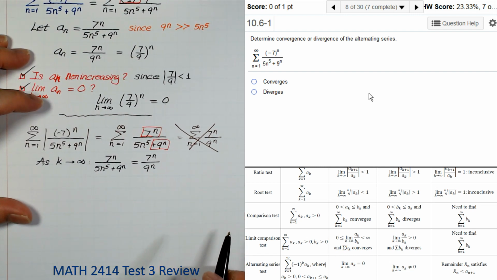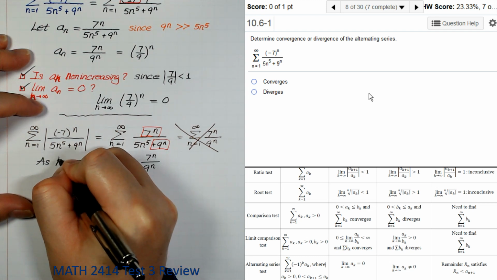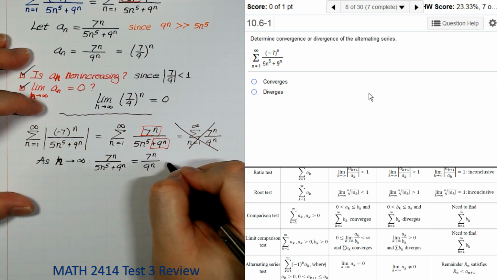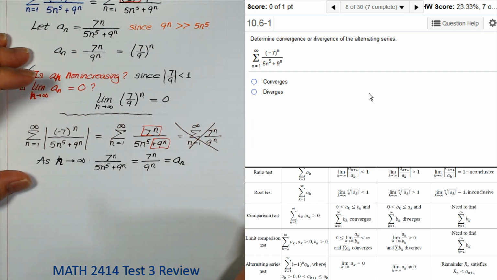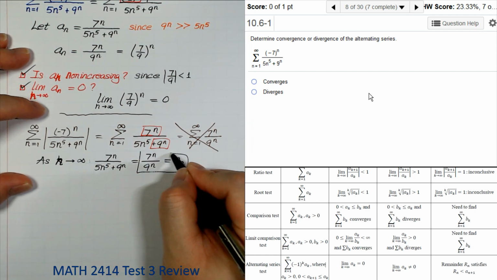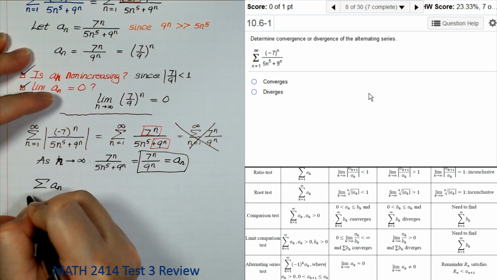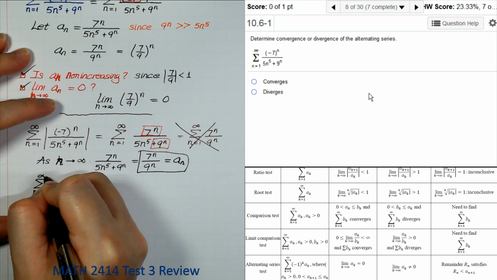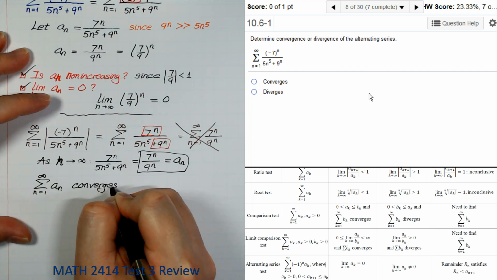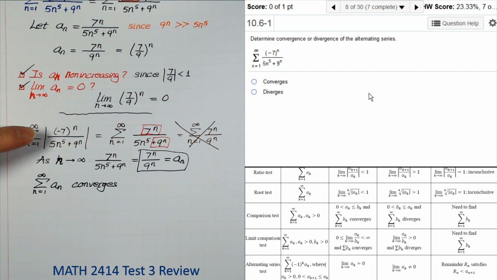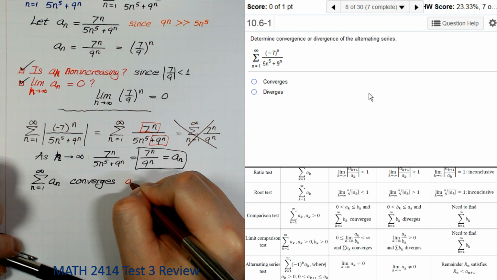Right? As n goes to infinity, we compare to this. And this converges. Now, since we slapped the absolute values into it, this converges absolutely.